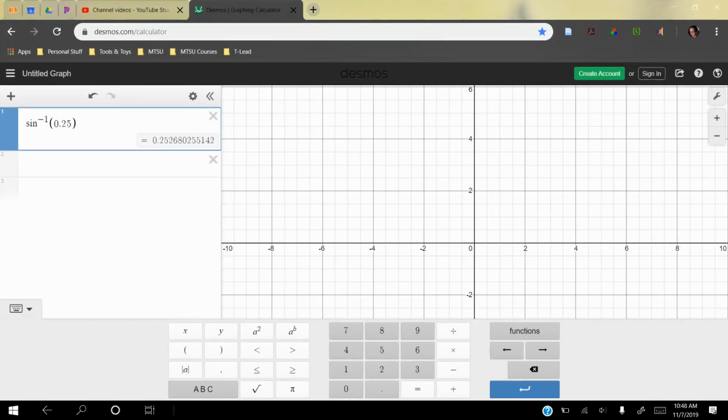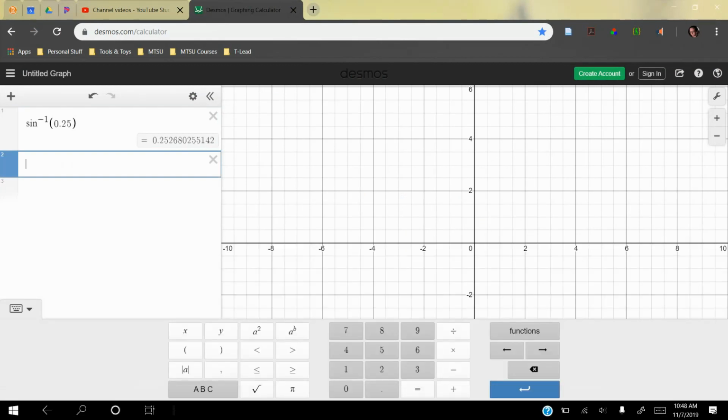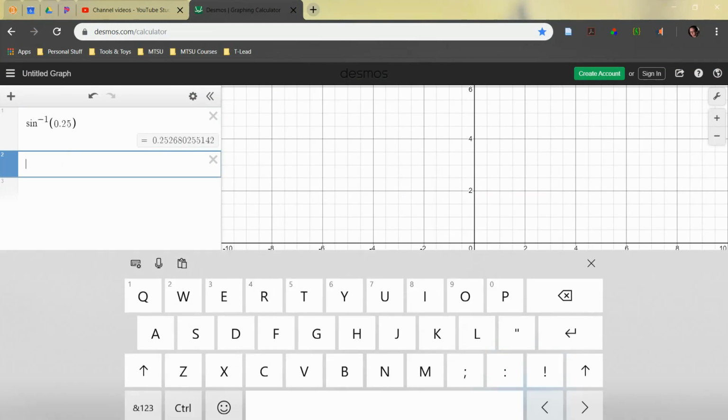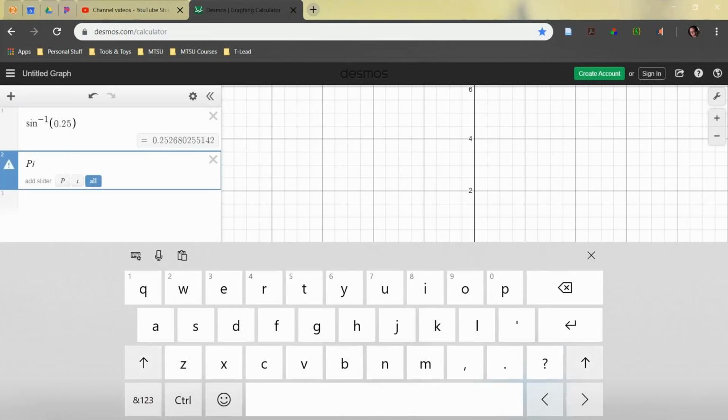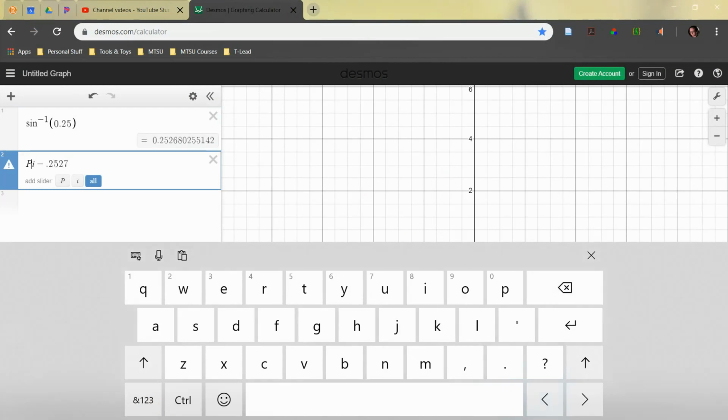So if I use this same value, say pi minus that, right? I can type in pi. Let's go pi minus 0.2527. See? And I think maybe it doesn't like the fact that I have a capital letter on pi. That's very interesting.